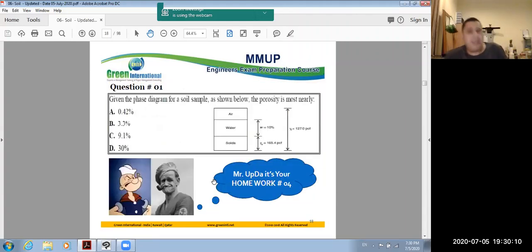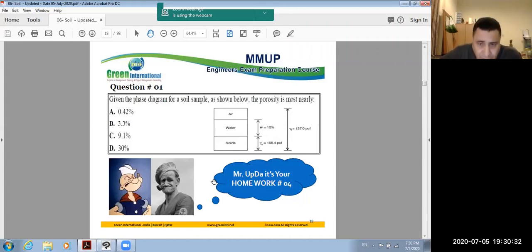Question number 1. Guys, let us discuss this question number 1. This is the kind of question coming in your exam. Let us read it. Given the phase diagram, we have air, water, and solids.